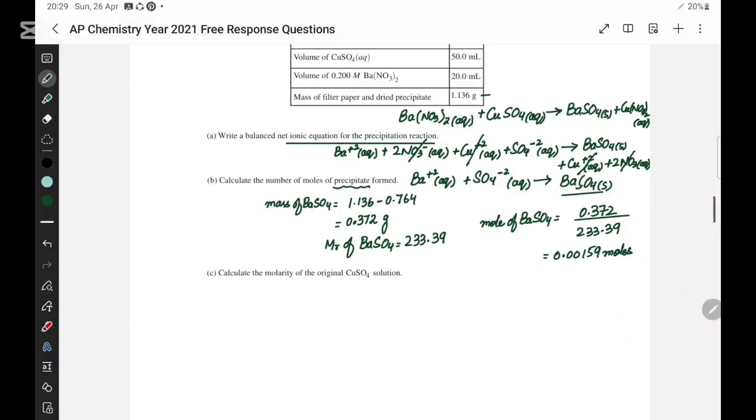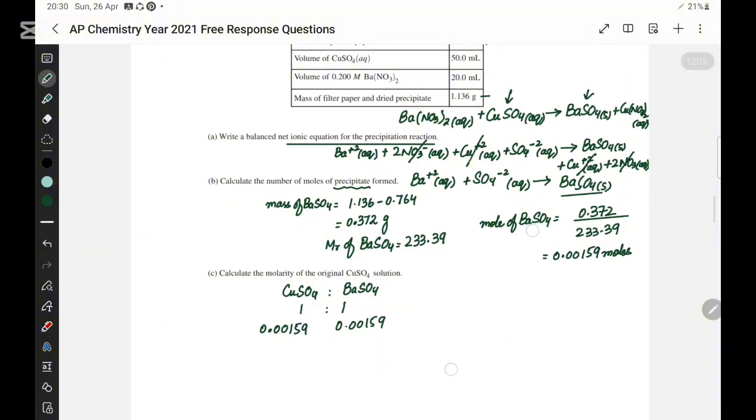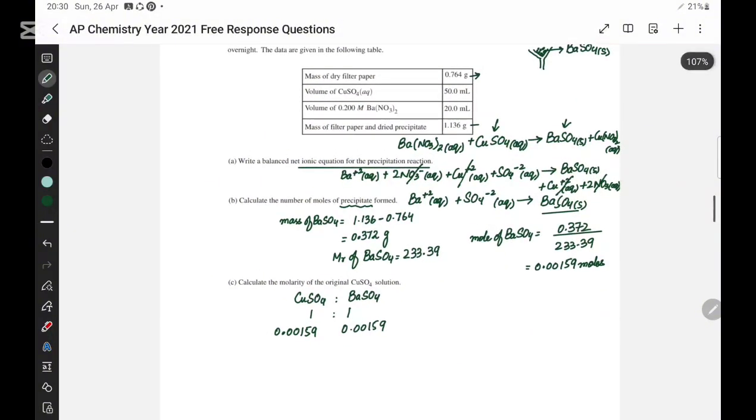Now they are saying calculate the molarity of copper sulfate solution. For that purpose, we know copper sulfate and barium sulfate have a 1:1 ratio from the equation. If the moles of barium sulfate is 0.00159, then copper sulfate would also have 0.00159 moles, and the volume of copper sulfate that has been given to us is 50 milliliters.